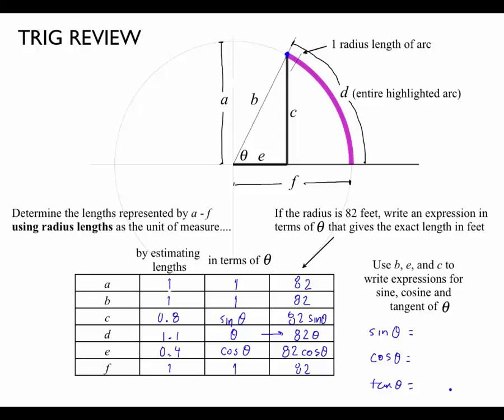So just think of sine as measuring that height in radius lengths. So if we want to measure this height in radius lengths, how can we use B, E, and C to express how high up you are in measure of the radius? C over B. You would take this height in, say, feet, and divide by B feet.